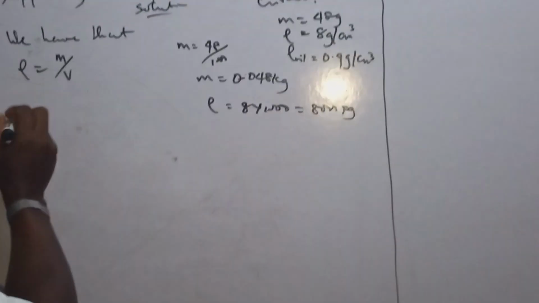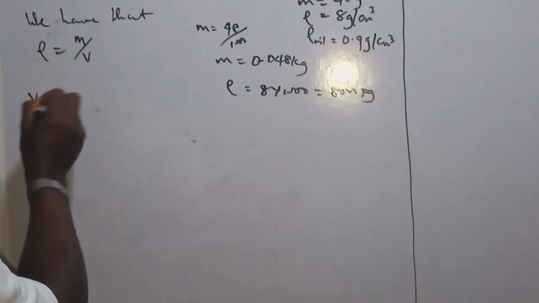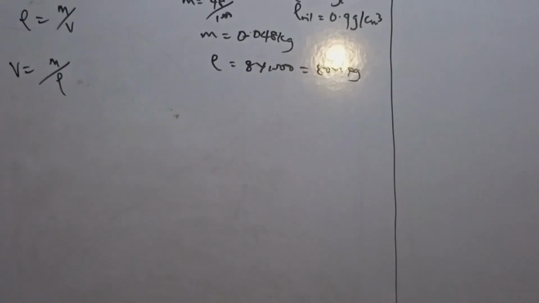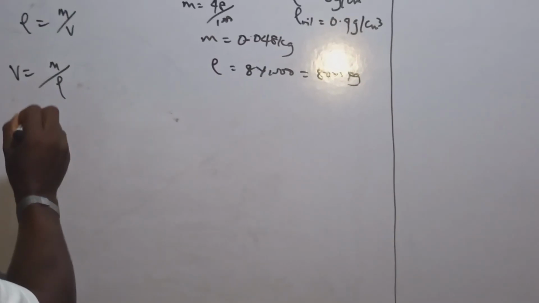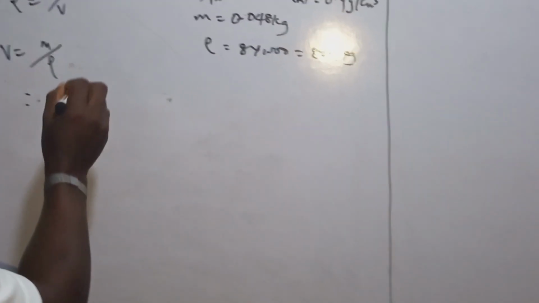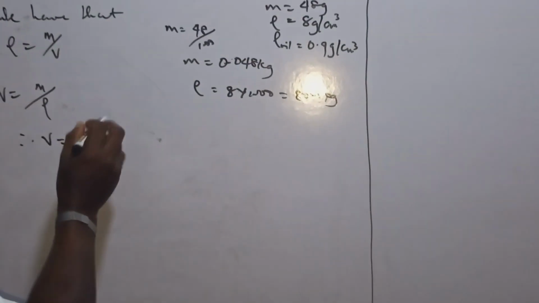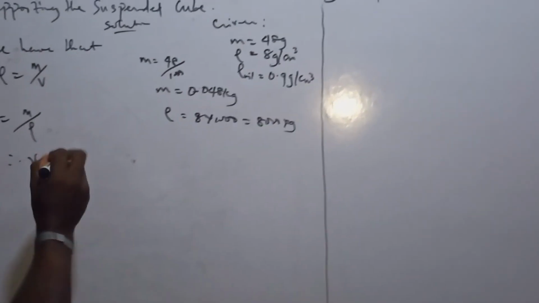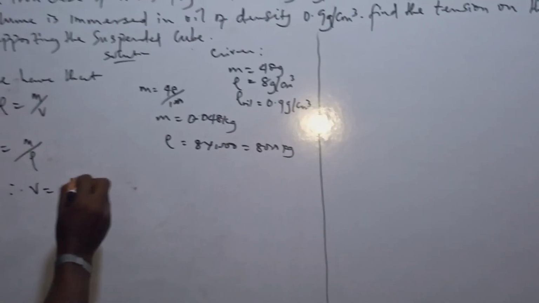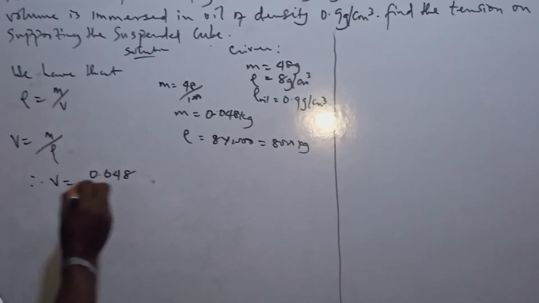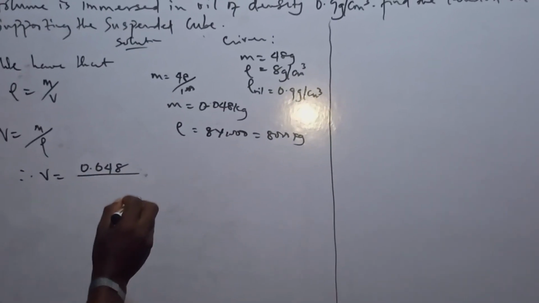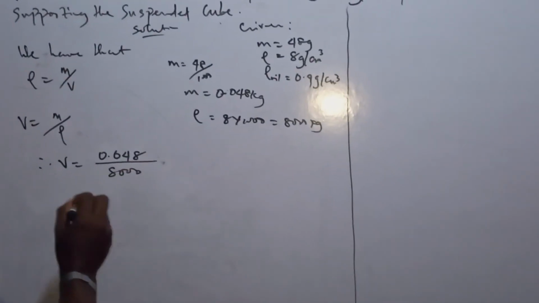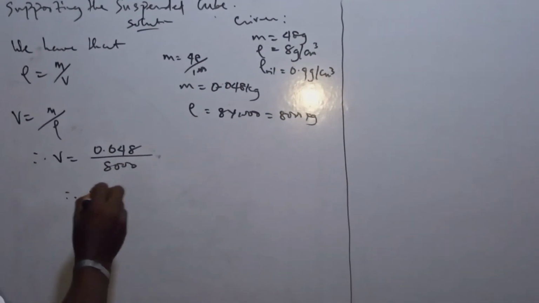Now, since we are looking for volume, we have volume equal to mass over density. Therefore, the mass here is 0.048 over the density, 8000.